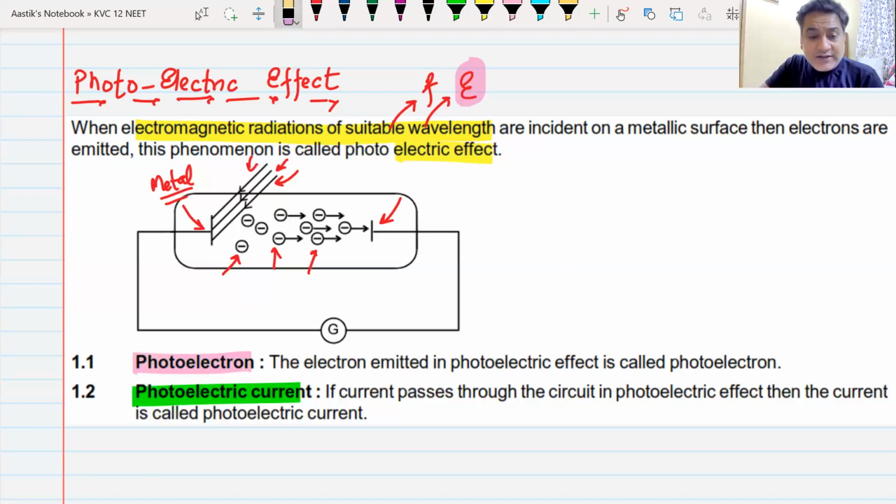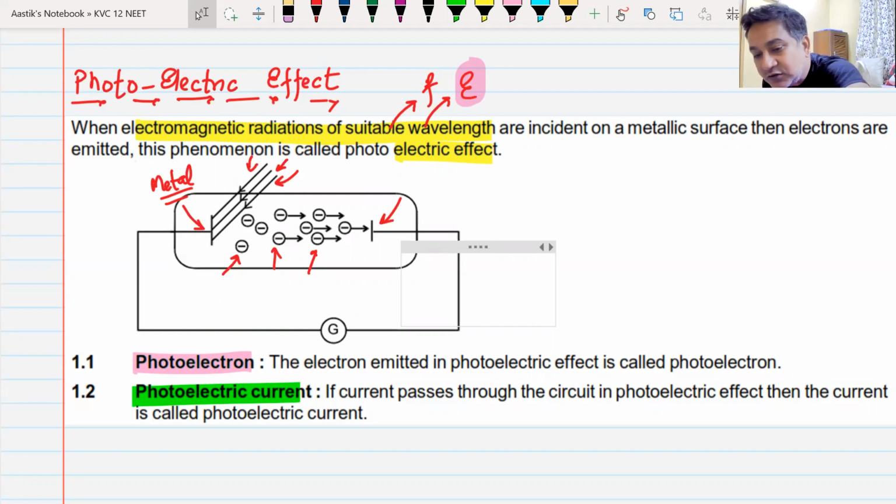Now, the most important thing that we should understand in this discussion is when electromagnetic radiation of suitable wavelength, suitable energy, suitable frequency falls on the metal. What do you mean by this suitable energy or suitable frequency or suitable wavelength? Anyone can give any insight? Why can't any frequency work? I throw this light down and the electrons won't be emitted. Why only suitable frequency? Why only suitable wavelength?